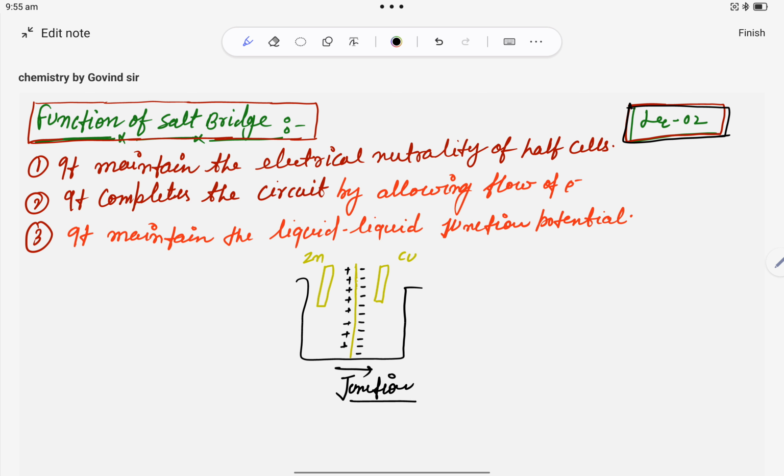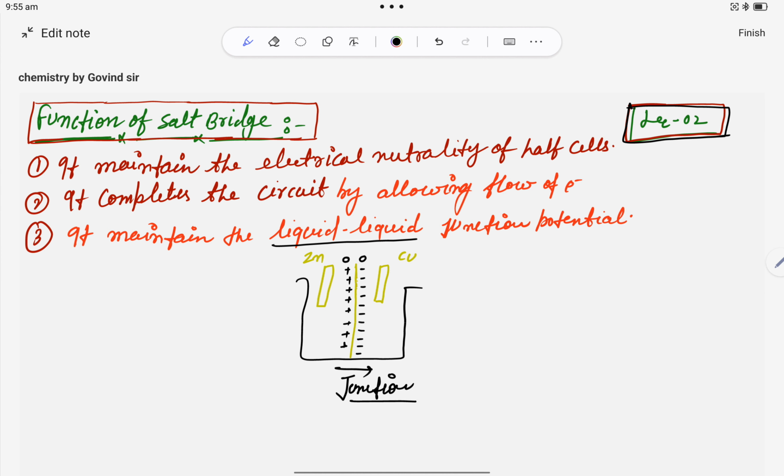They become 0, plus minus 0. So that's why they maintain liquid junction potential. This is the work or function of the salt bridge.